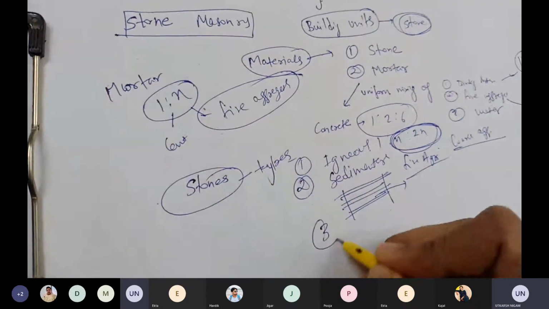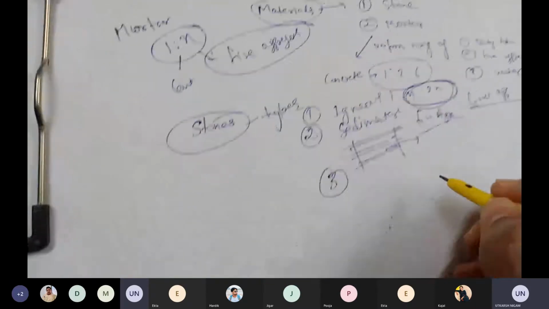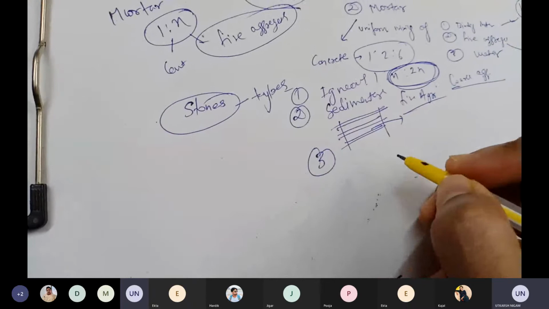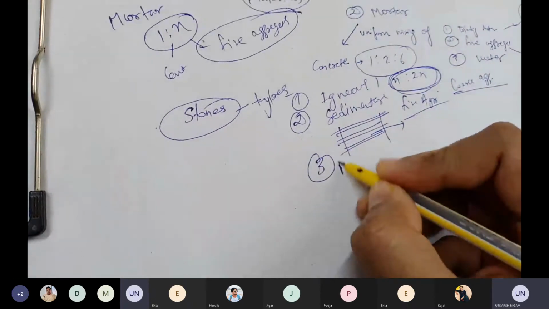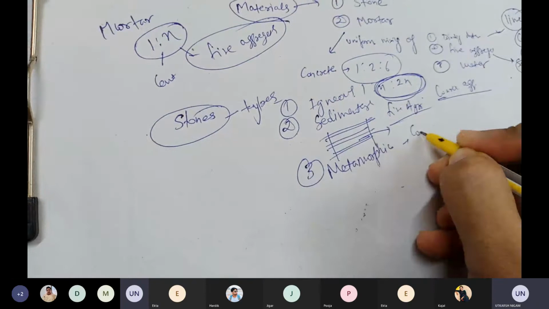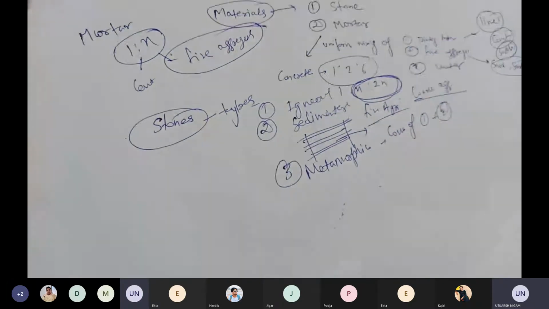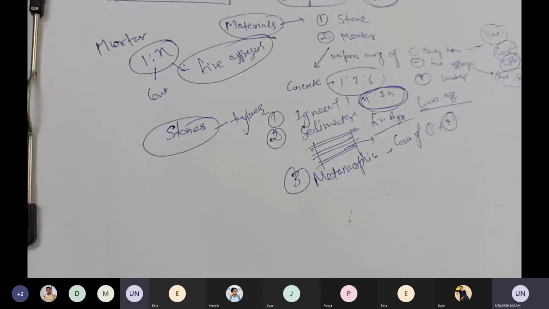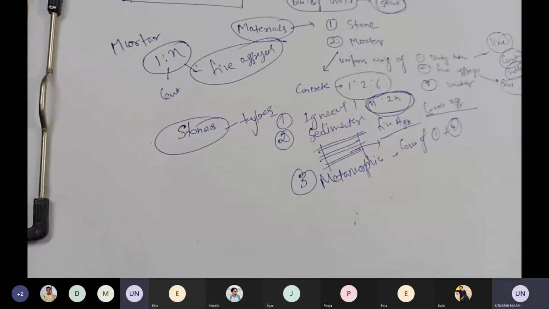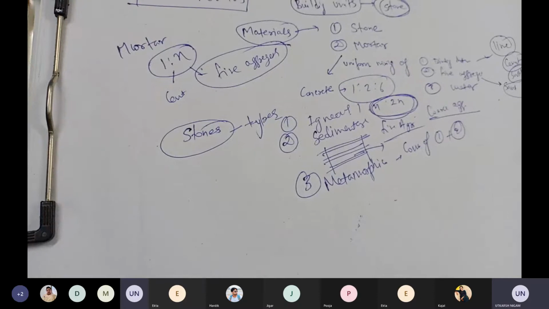Then third is the metamorphic. Metamorphic means a combination of the above two, first plus second, so it embraces either igneous or sedimentary rock.